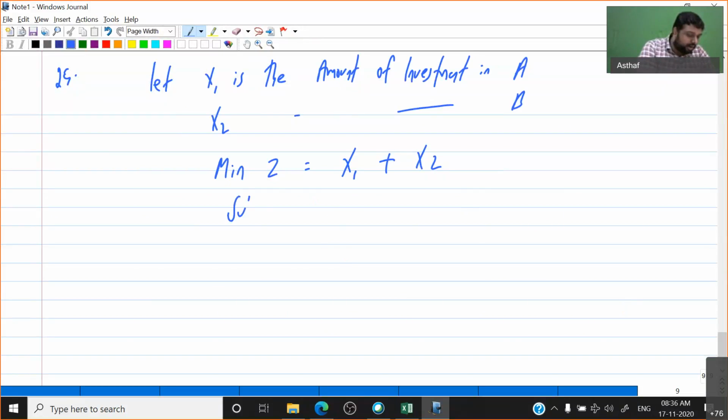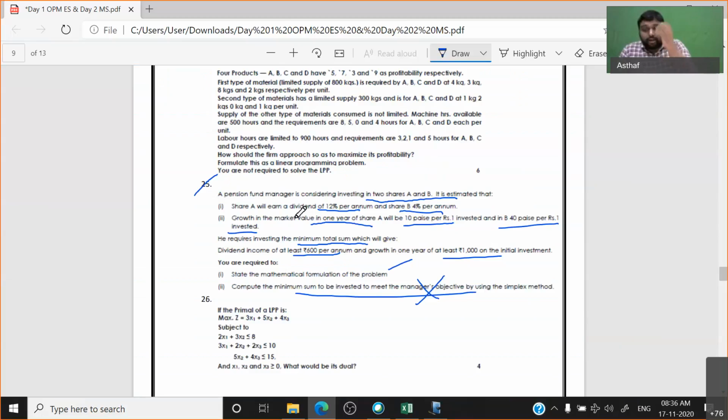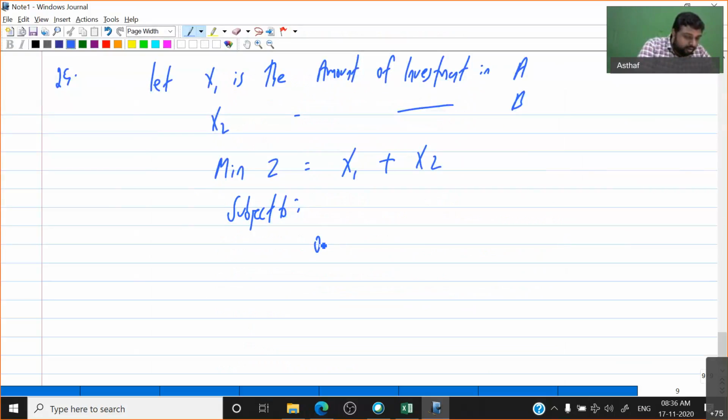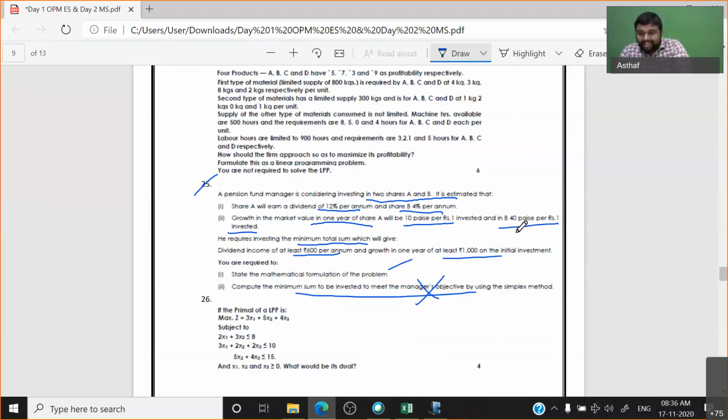Subject to. What are all the conditions, my dears? See, the dividend you should get is 12%. In the formula you cannot keep it as a percentage; you have to make it a fraction. So it will come as 0.12x1 plus 0.04x2 greater than or equal to 600, at least 600.